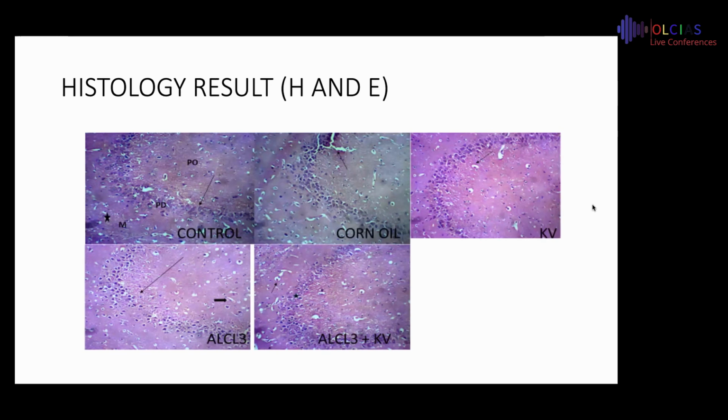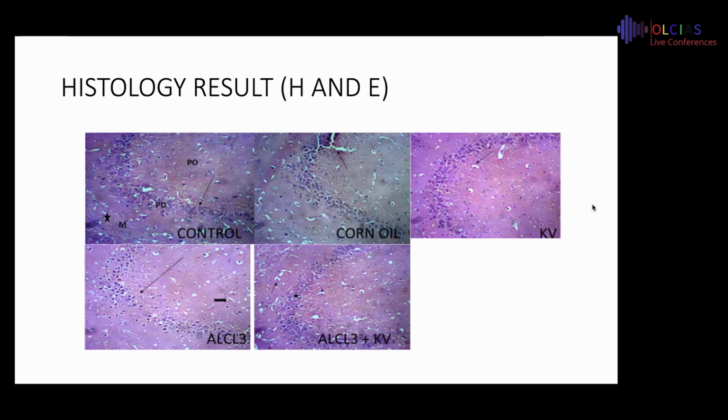And this M contains, you can see a star-like symbol that I put there, many glial cells. The control group has a normal feature. That's how it's supposed to be.